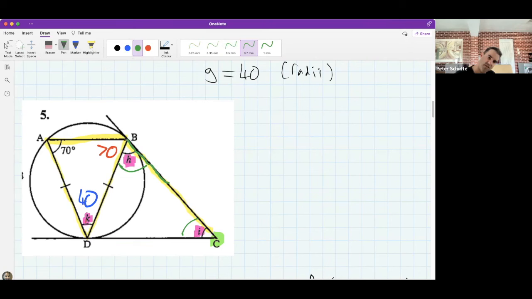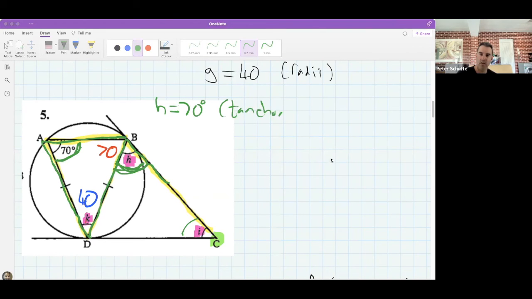So I've got the tangent, I've got the chord, but now the actual angle that is subtended by the chord actually goes up here. And so it feels like this one over here is in relationship with this one over here. Yes. So I think H is going to be 70 because of the tan chord theorem.